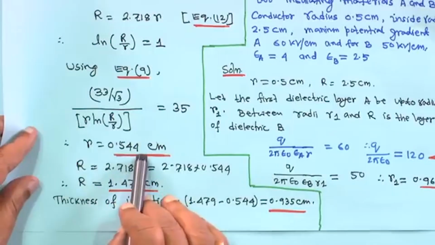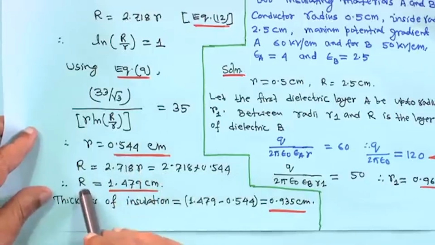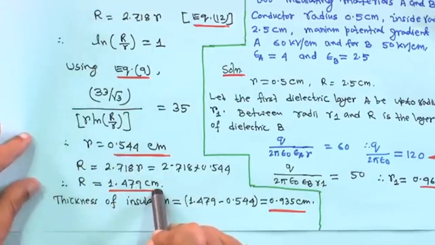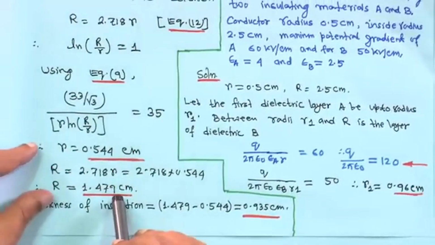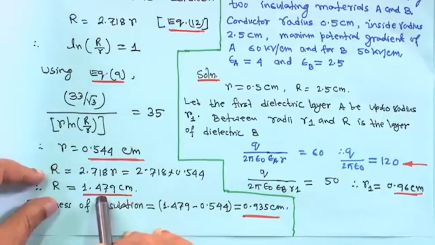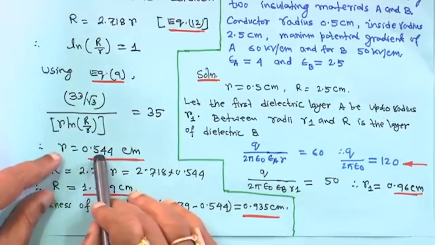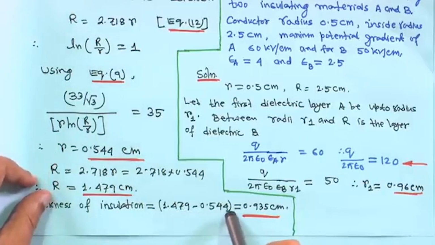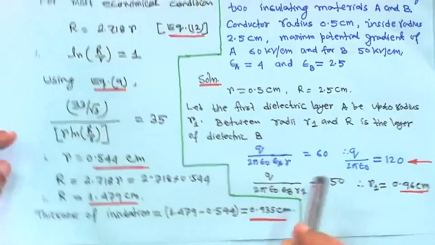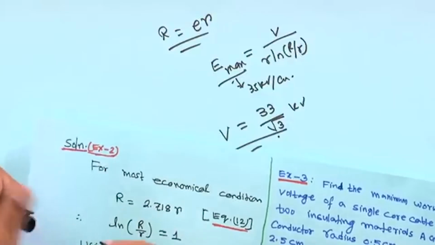So r is 0.544; multiply this, and capital R will be equal to 1.479 centimeter. Therefore, the thickness of the insulation will be 1.479 minus 0.544, so 0.935 centimeter.